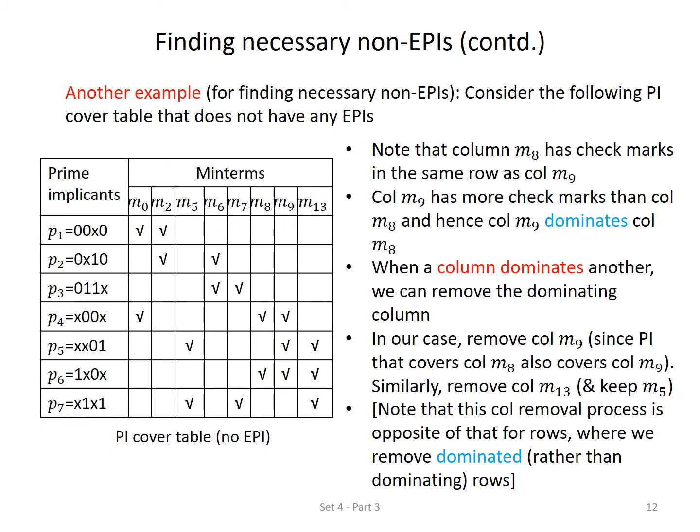Now, if you look at the column with M8, you'll see that there's a check mark here and here. The next column, M9, has check marks in the same rows where M8 has check marks. But column M9 has additional check marks, in this case here. So column 9 actually dominates column 8.